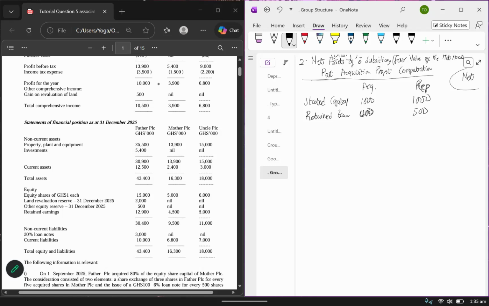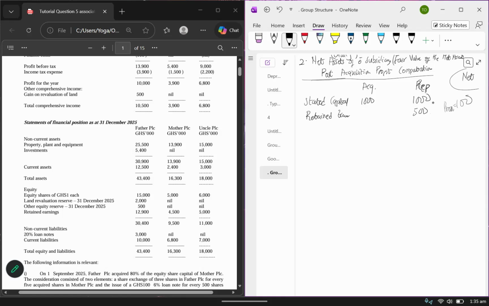So assuming we were not given the retained earnings at acquisition, and the question said that the profit for the period is, let's say, 100. You know that this 500 has the accumulated retained profit from the previous years as well as this year, because this one is at the reporting date.